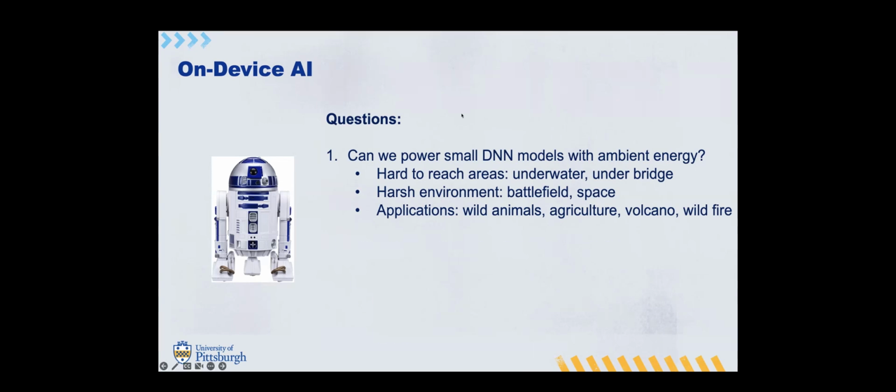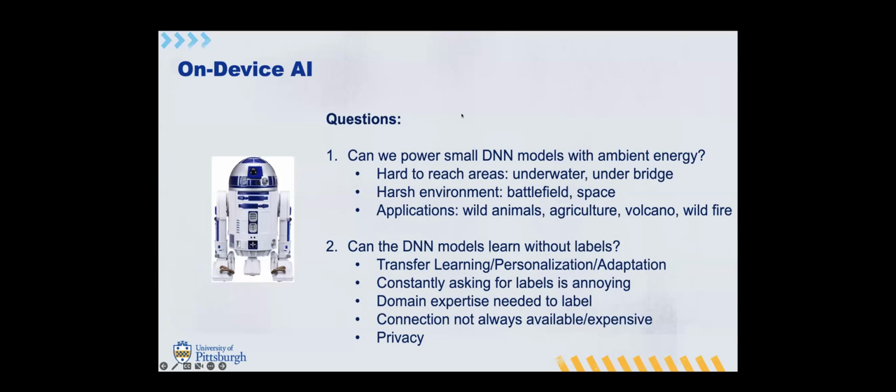Right. So the second question I'm trying to answer is, can these DNN models learn without labels? We know that nowadays what we are doing is that we usually train a deep neural network model in the server, and then we deploy the model onto the systems.